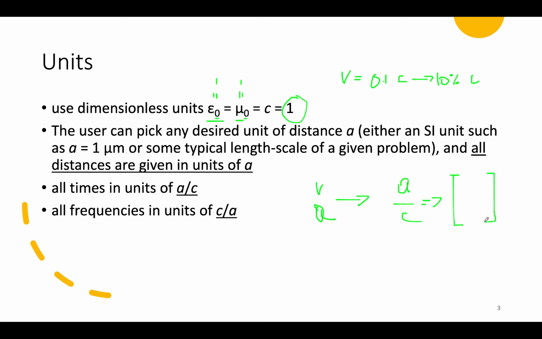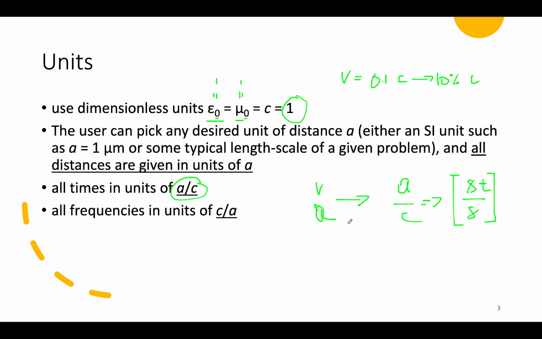Because a is a space, and velocity is a space over time. So this will be a time. So all the time units in Meep will be expressed in a over c.